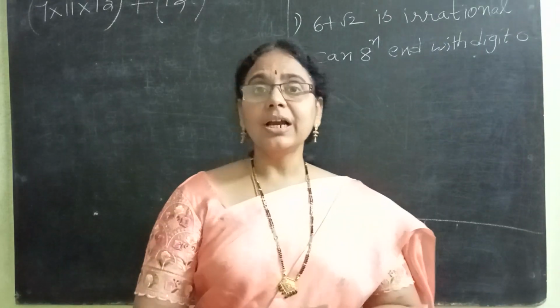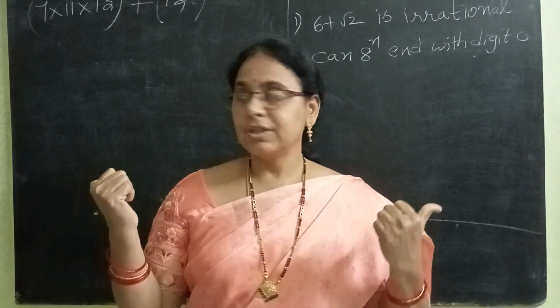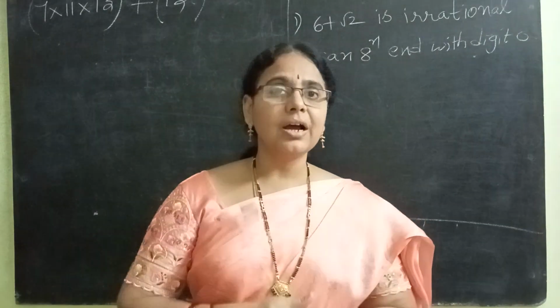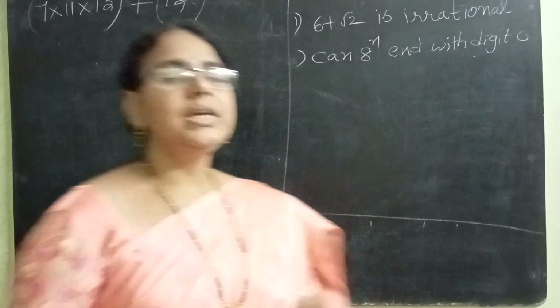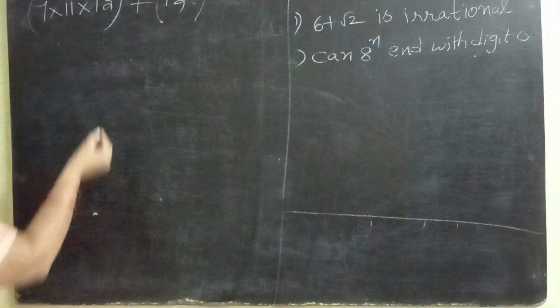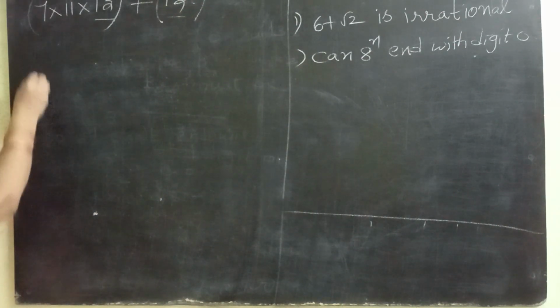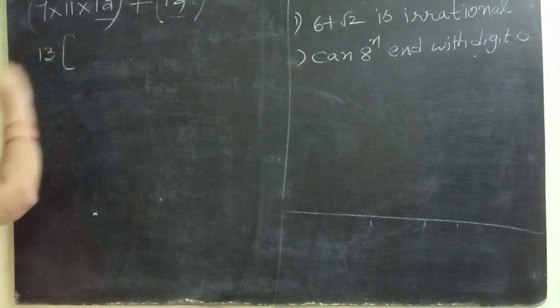Here, did you observe any common number? You see two brackets. In these two brackets, did you observe any common number? Yes, we observed 13. 13 is in the first bracket and the second bracket also. Take 13 as a common factor.